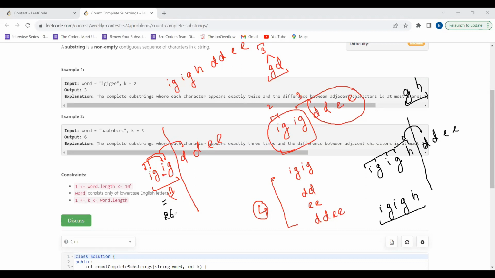And what is the longest word we can have? Like we have got 26 unique characters. The longest complete word can be 26 into k, such that we have got 26 unique characters, and each character is occurring exactly k number of times.